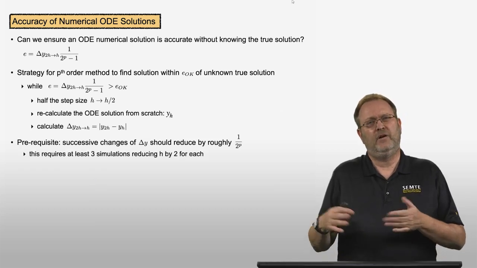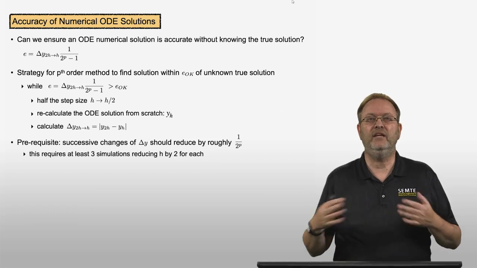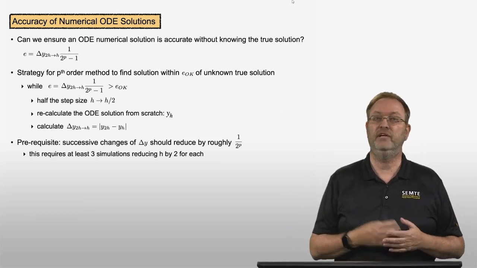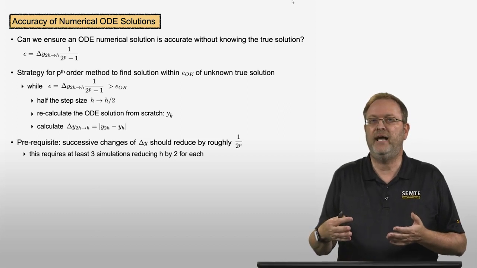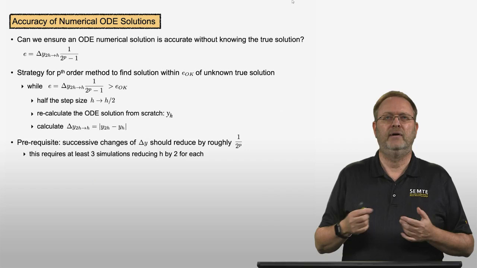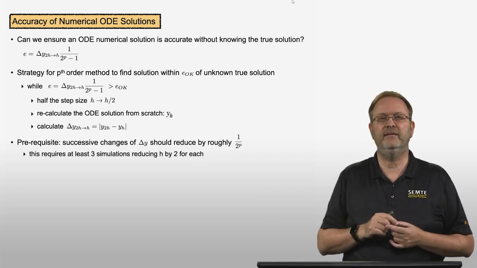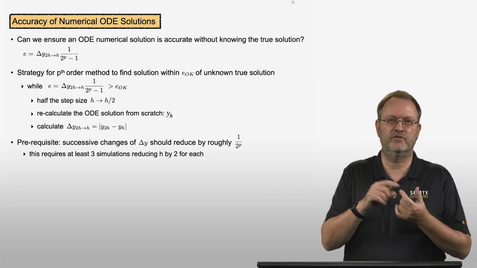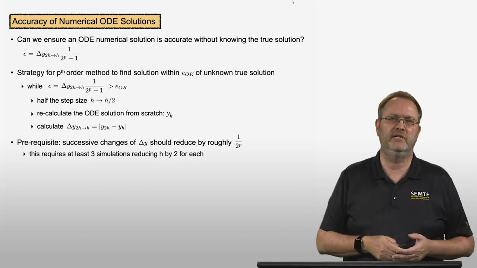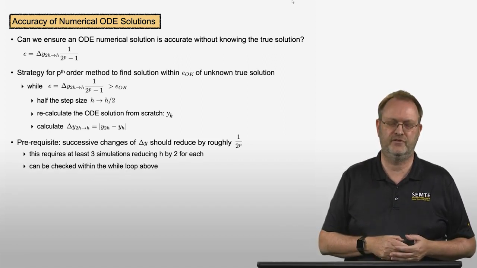Now, in order for us to check this, we need to perform at least 3 simulations, reducing h by a factor of 2 for each one of these simulations. Why? Right? We need 2 delta y's, and each delta y uses 2 simulations, and one of them is reused. So we need a total of 3 simulations to check this.